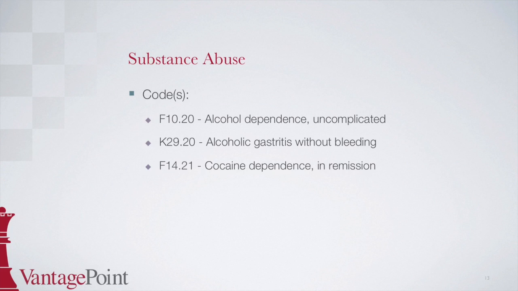Follow these instructions and look for the term cocaine under dependence. Under cocaine, look for in remission, which points to F14.21, and then of course you would confirm this in the tabular. I would definitely code this condition last, since the dependence is in remission. It is not a current condition, nor is it the reason for the visit.